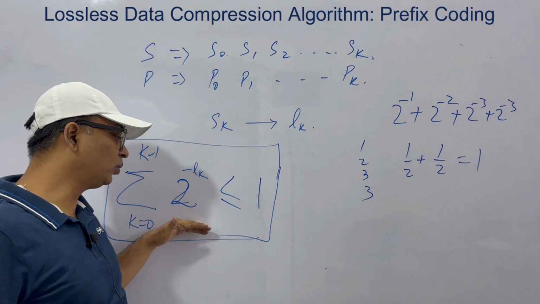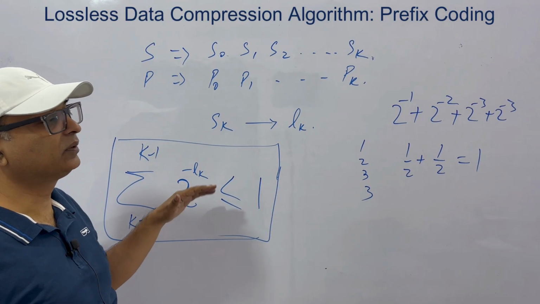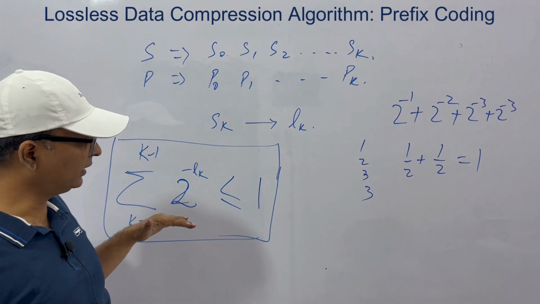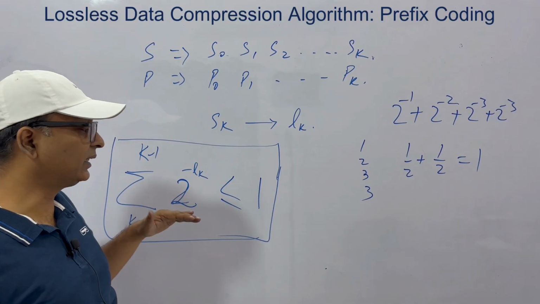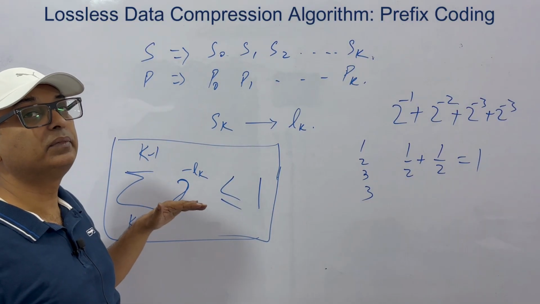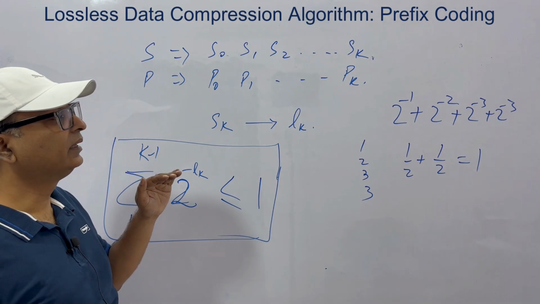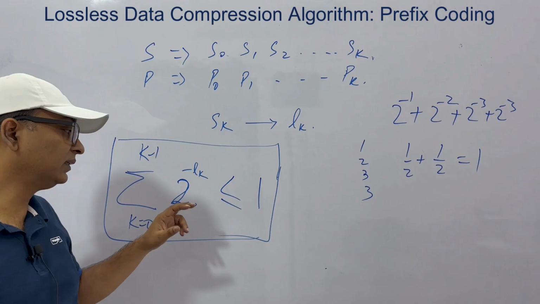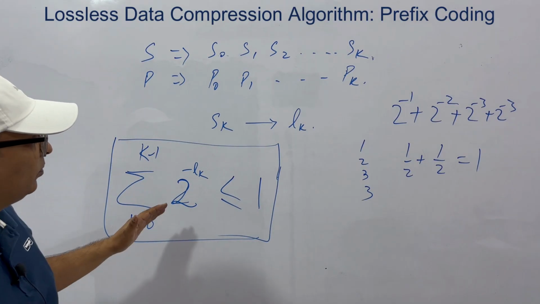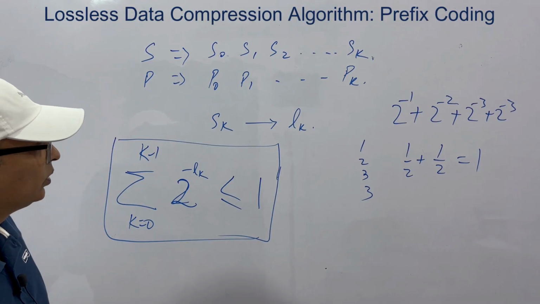If a code word violates this, then it cannot be a code word for data compression. But if a generated code satisfies this, it does not mean it qualifies to be a data compression code. There are other conditions also. So this is a condition that must not be violated, but there are other things also to look at when we are designing a code. Okay.